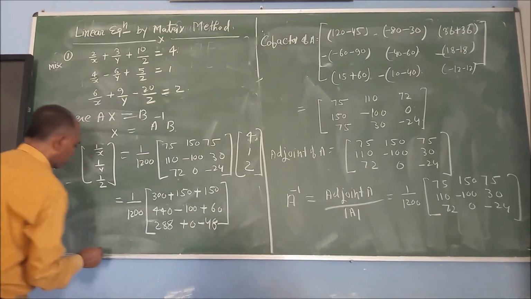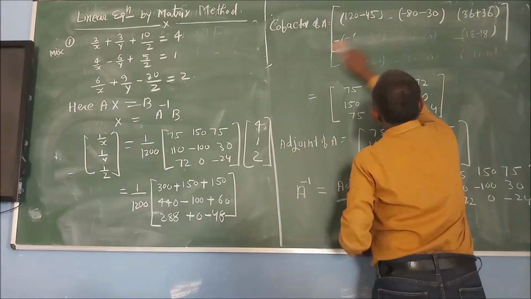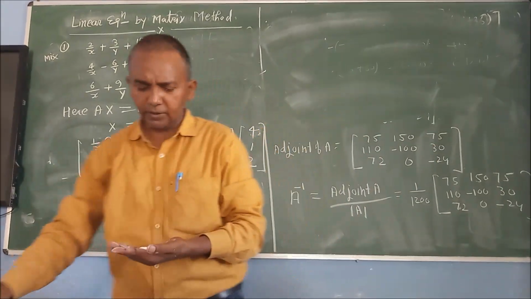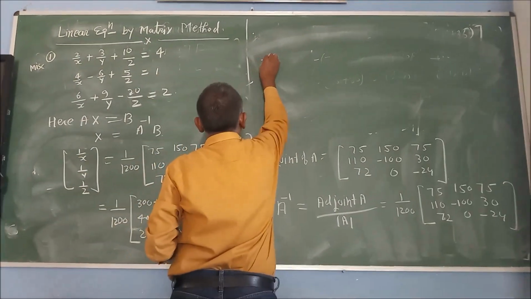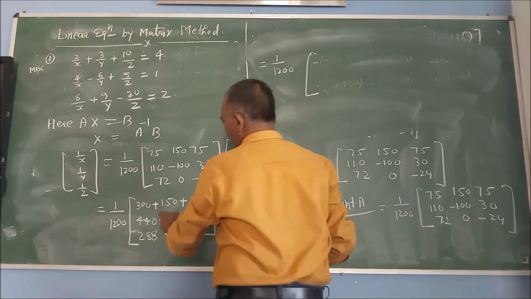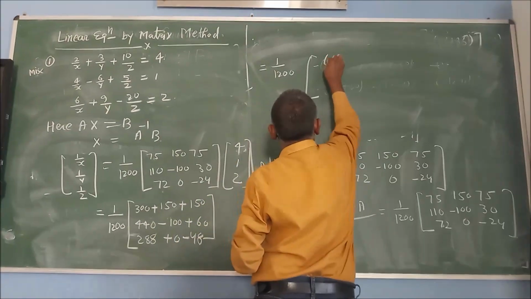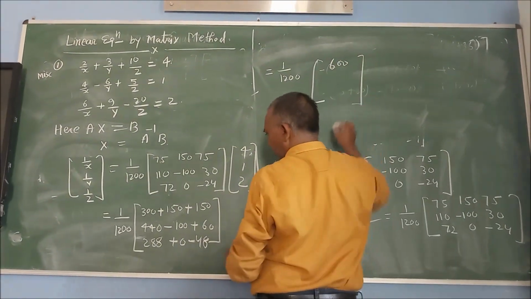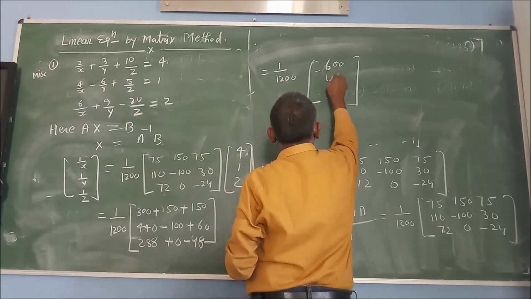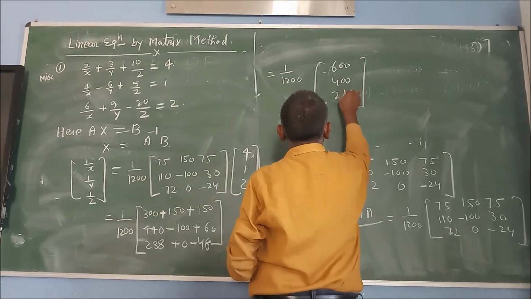So this can be written as 1 by 1200 into 600, 300, 300, 440 plus 60, 500 minus 400, 288 minus 48, 240.